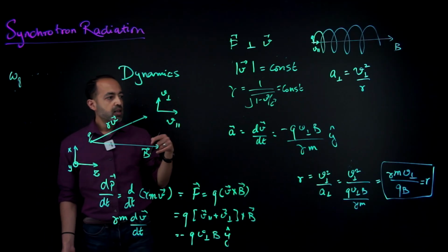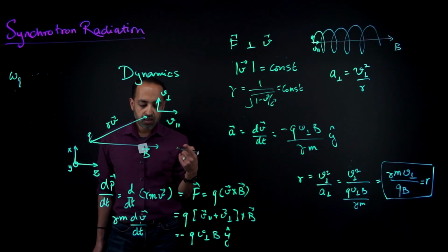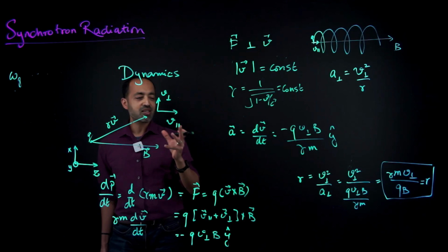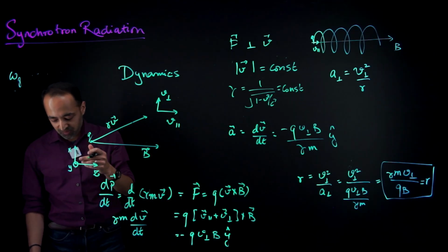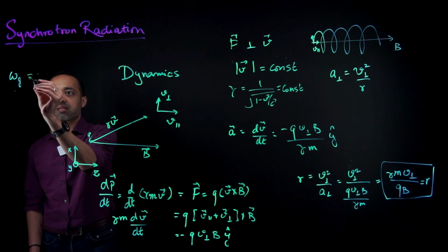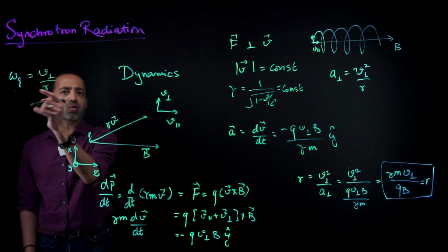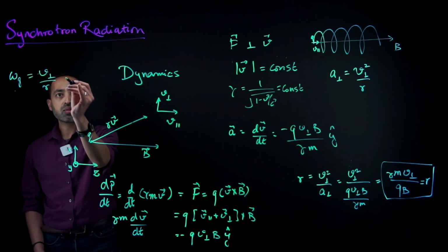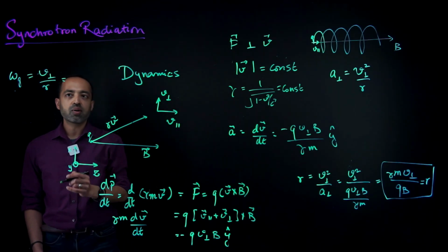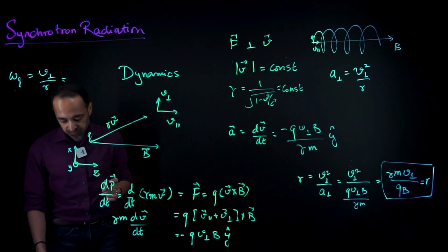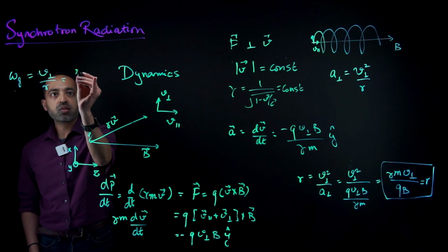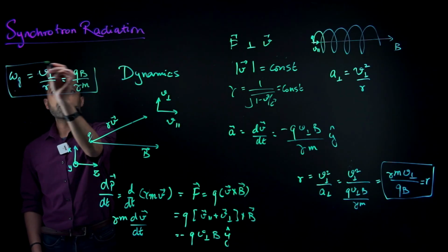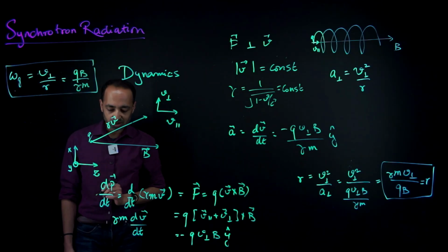And this is the angular frequency of this particle in its orbit. So that frequency is just V over R, right? So V is R omega, so this is that omega. And so you put in that expression for R, and that gives us that this is QB over gamma M. So this is the angular gyro frequency of the particle in its orbit.